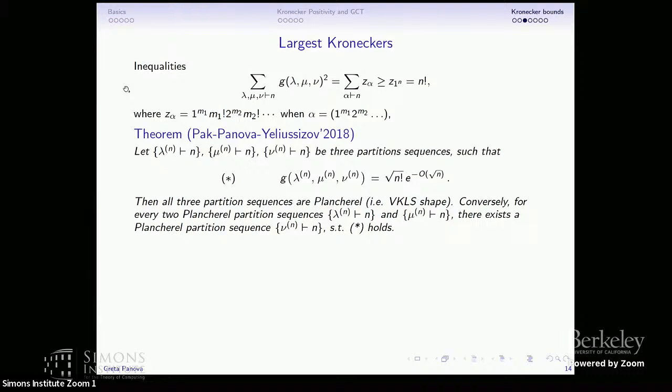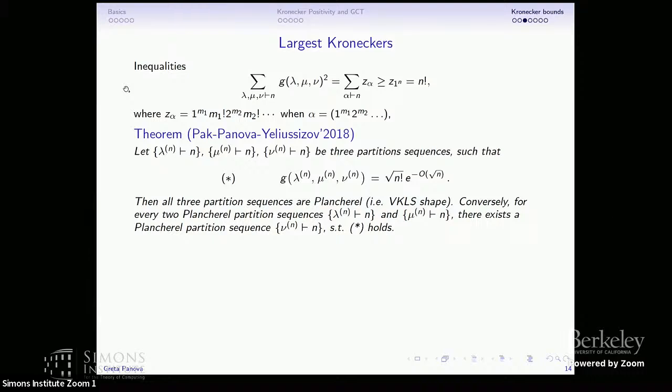This is what we call the Vershik-Kerov-Logan-Shepp limit, which is the typical partition which we get under the Plancherel measure, or in other words, weighted by the dimension of the irreducible representation.